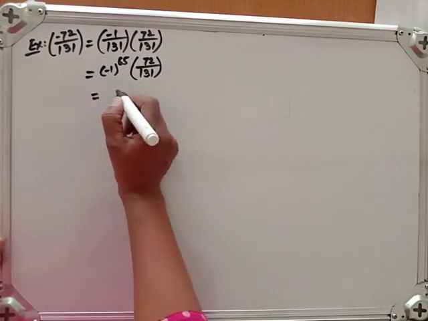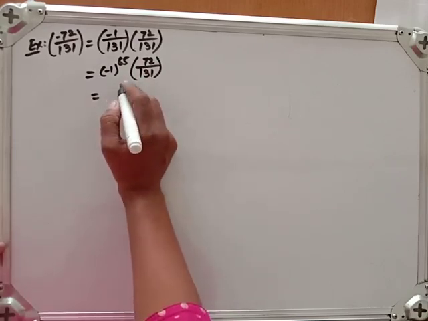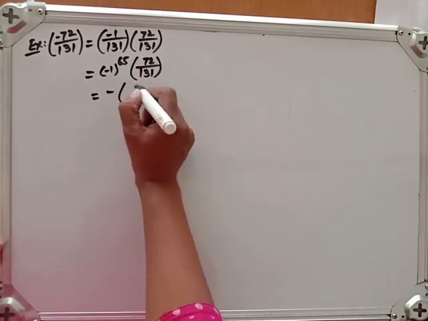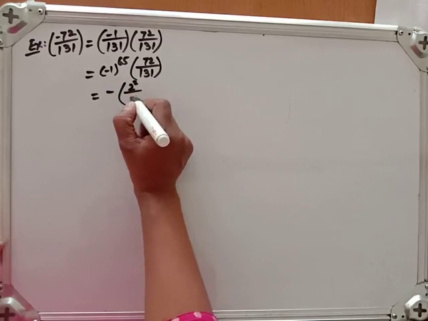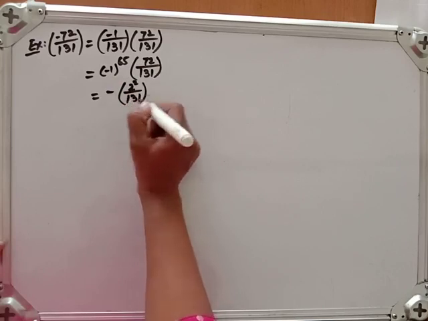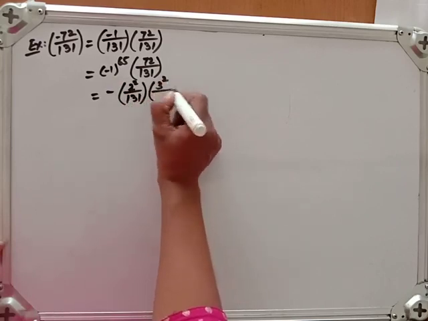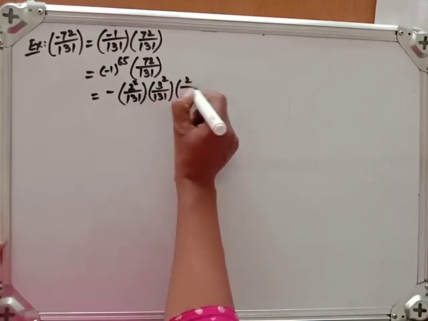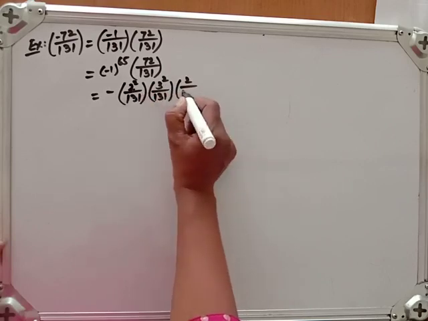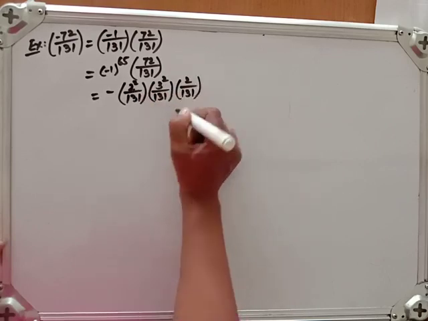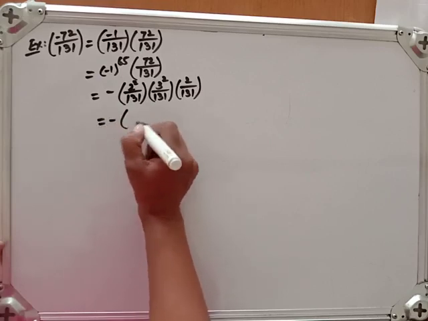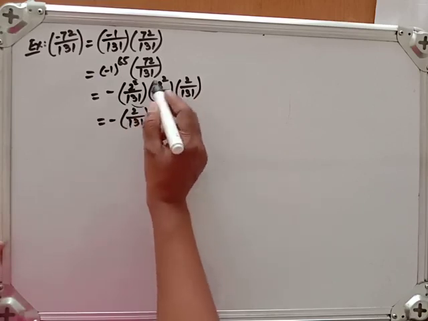So this is minus, now this will be the Legendre symbol of 2 square by 131 into the Legendre symbol of 3 square by 131 into the Legendre symbol of 2 by 131. Okay, so that is equivalent to minus of the Legendre symbol of 2 upon 131. These will become 1. Fine.